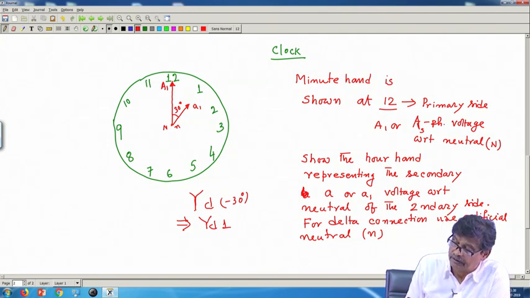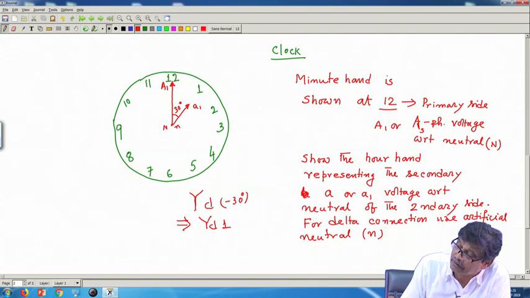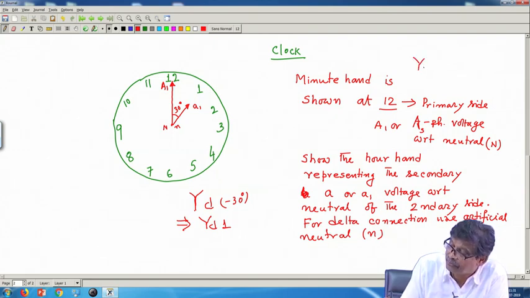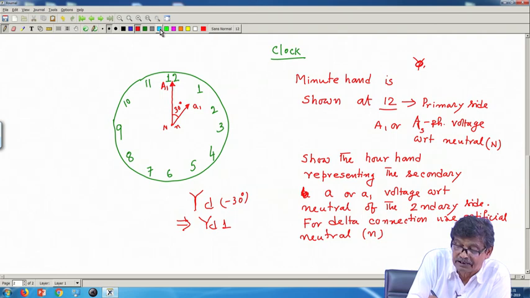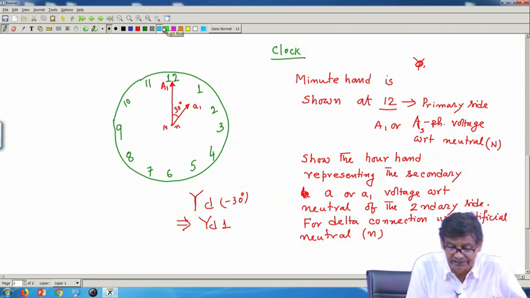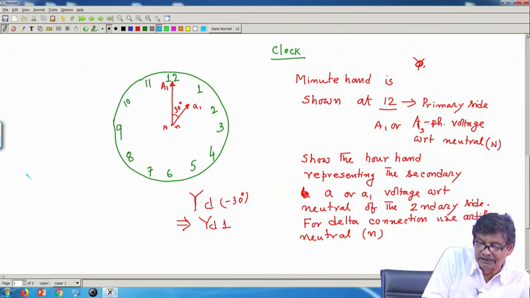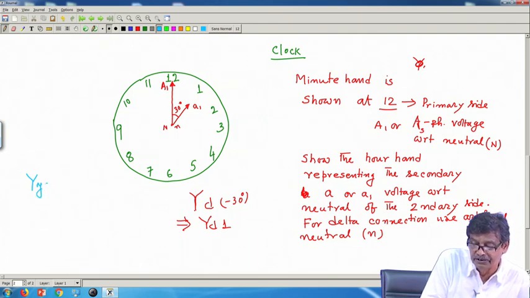For example, we have seen Y Y, with different color let me write, because so much space is there. For example, this connection I will not redraw, Y Y 0 degree we have seen. What does this mean?